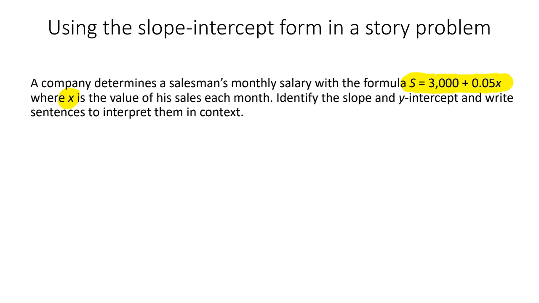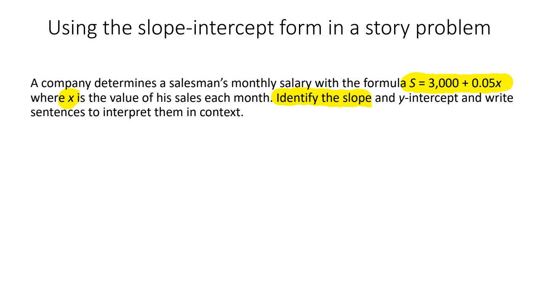Now, it's saying identify the slope. Well, first off, we have a decimal, okay? We have a salesman. Our slope is going to be 0.05 or a commission of 5%.